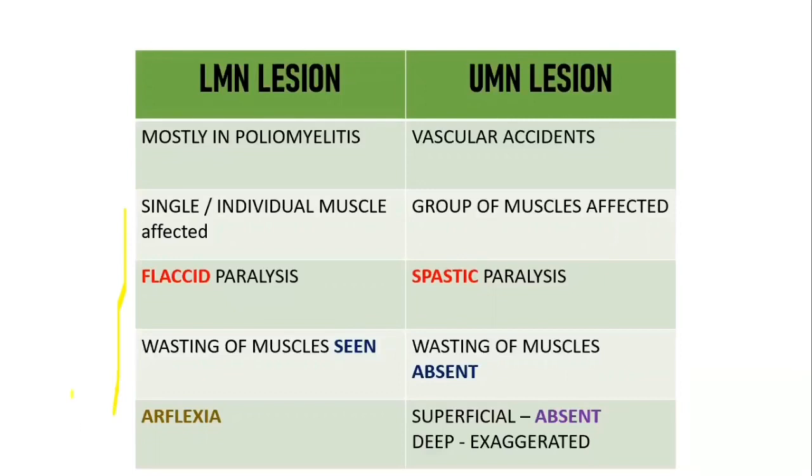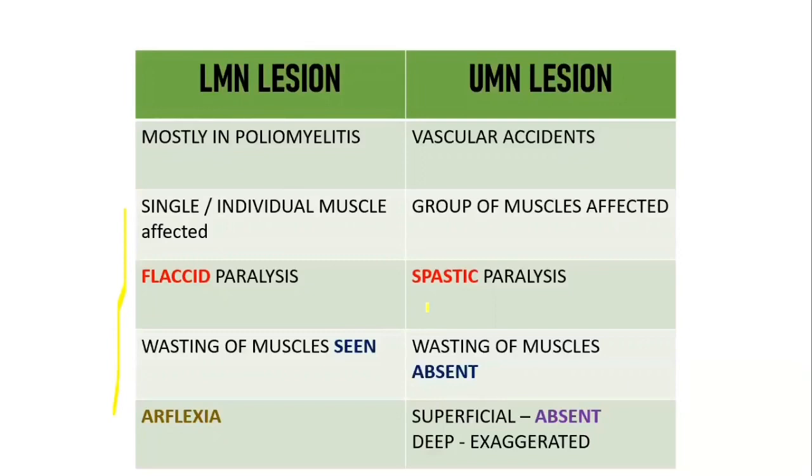In LMN lesion you are going to have flaccid paralysis. What is the meaning of flaccid paralysis? Decreased tone of the affected muscle is called flaccid paralysis. The reason for flaccid paralysis is that the reflex arc is also damaged. Whereas in spasm, there are wild contractions. What is the meaning of wild contraction? The muscle tone is increased so much.